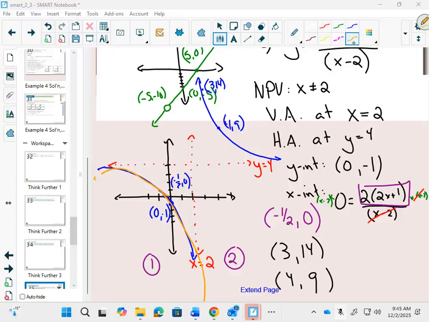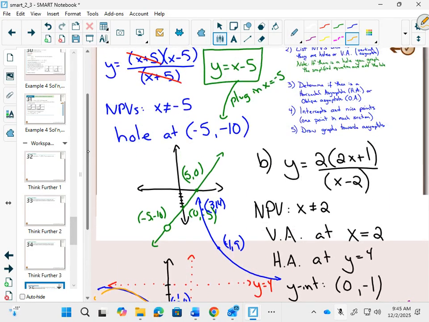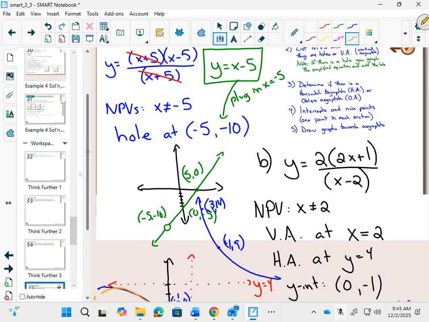So this graph introduced our horizontal asymptotes like before. It also made us do our intercepts, and we had to do a nice point. Some graphs, like this one, you will have to do one extra point. Plug in something to find a point, and then you can graph in that section. Some graphs, you don't have to do any extra nice points.